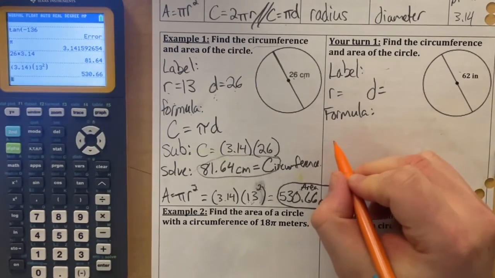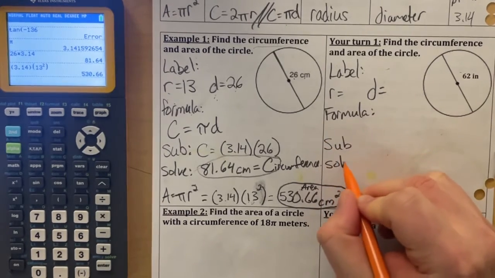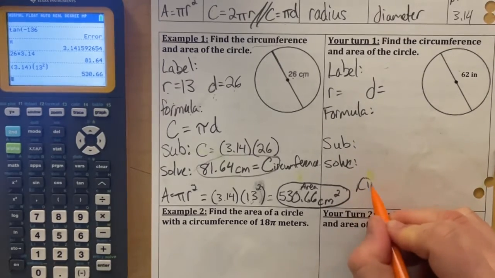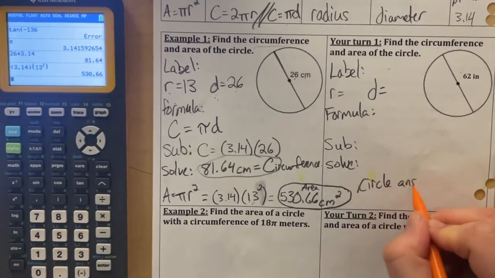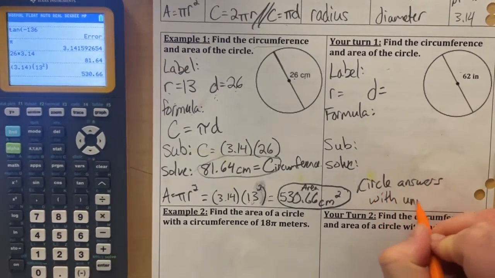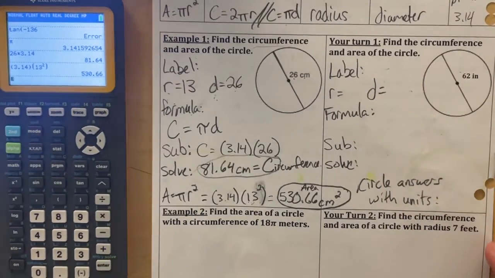You want to substitute and solve, and then circle answers with your units. All right, so again, those are the steps. Try it out for yourself, be able to check it as well. So again, pause the video, and come back to the next one.